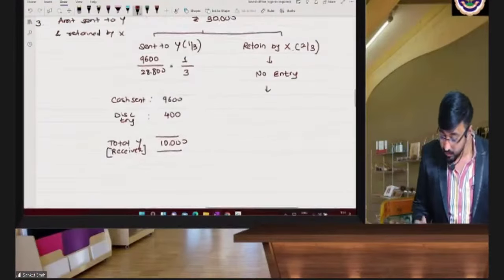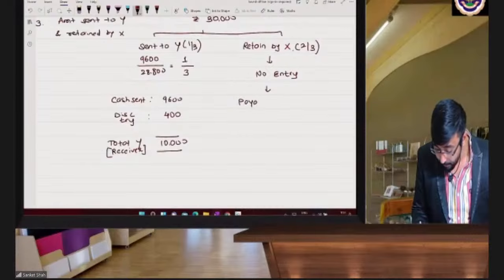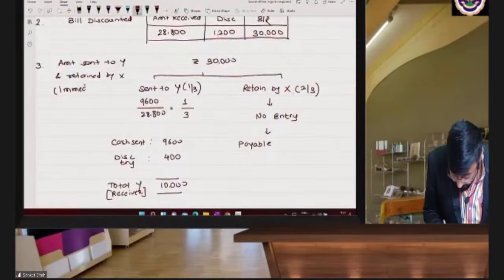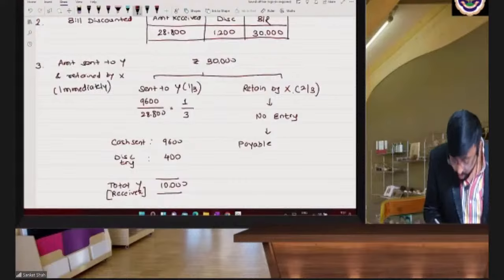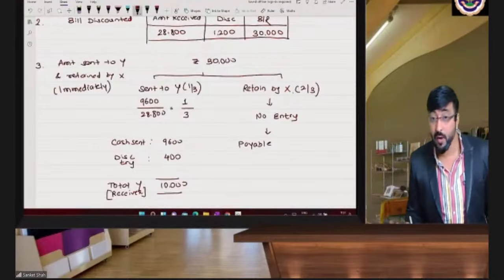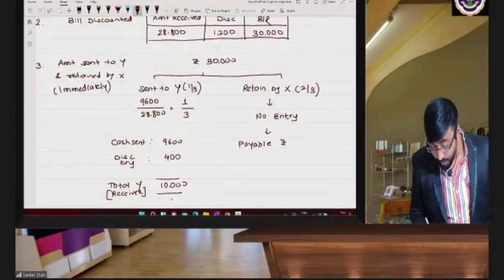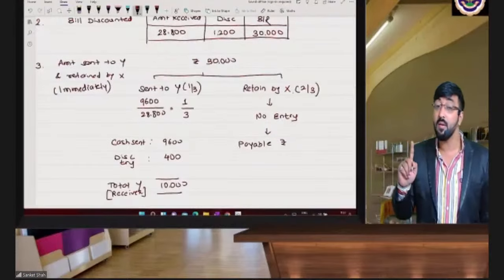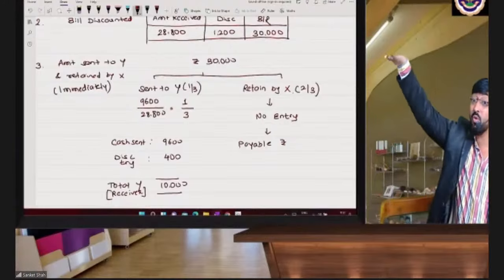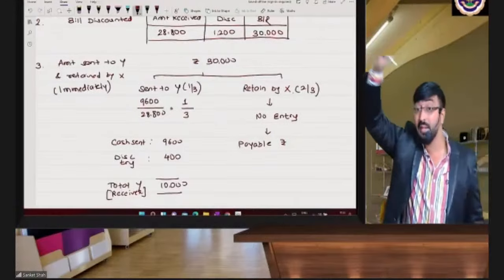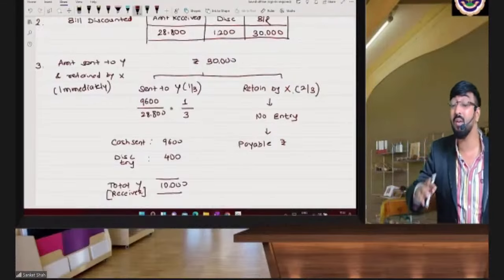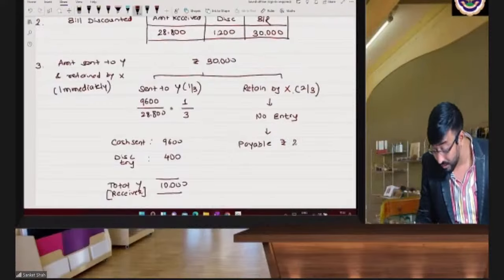And when is it payable? This happens immediately, and rupees 20,000 is payable. So 10,000 is already sent, and on the due date, the 660 in my example, here instead of 660 you have to transfer 20,000.